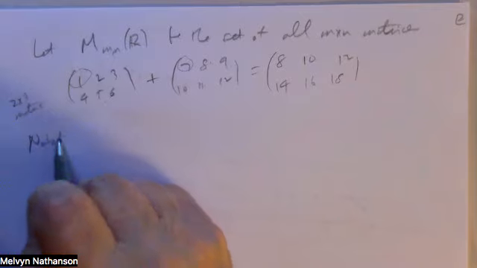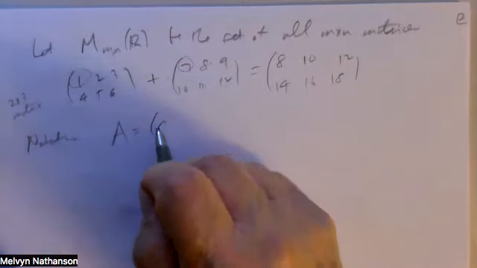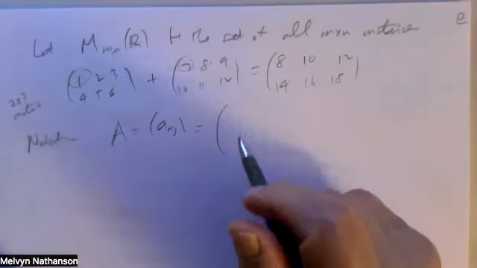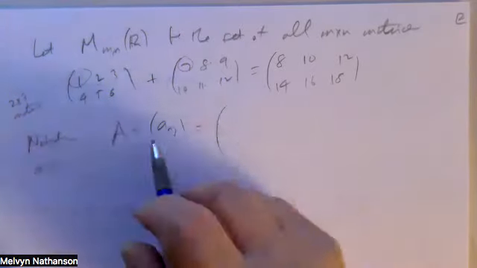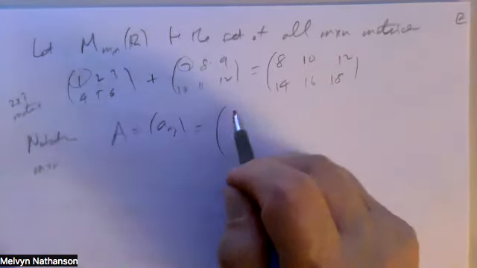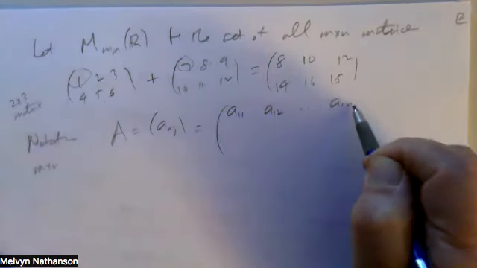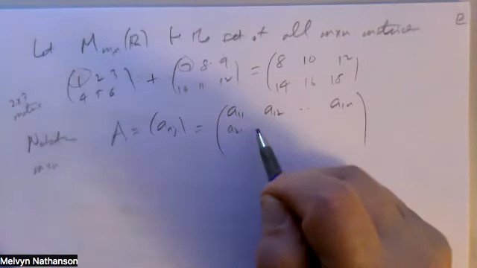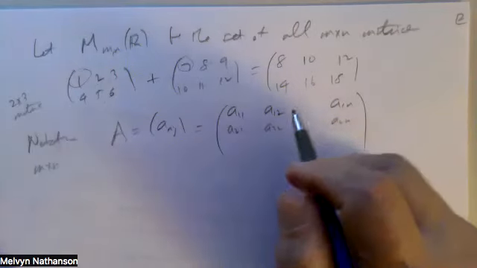And our standard notation, if you have a matrix A, we might write it as simply Aij, by which we mean the matrix. This is going to be an M by N matrix. You write the elements in the first row, A11, A12, up to A1n. The elements in the second row, A21, A22, up to A2n.